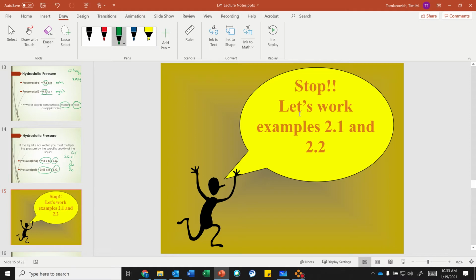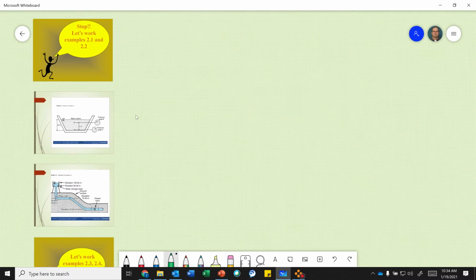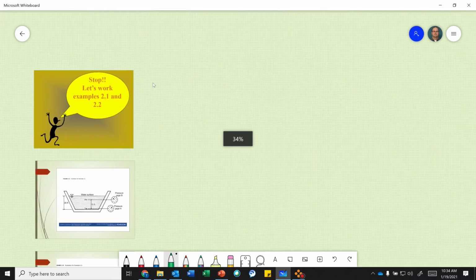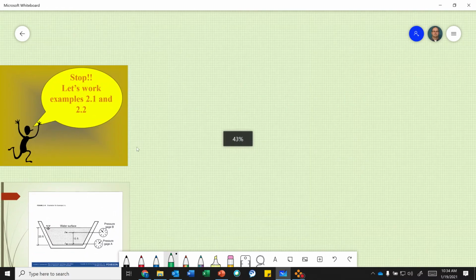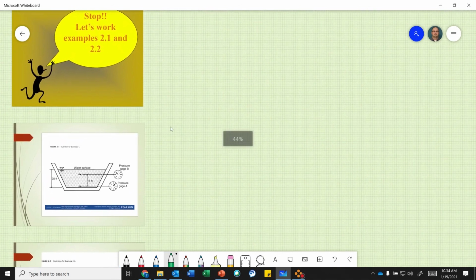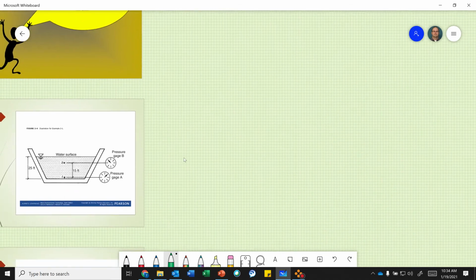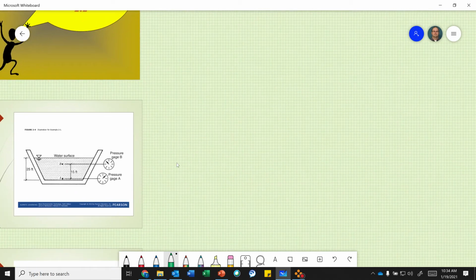All right, so let's work examples 2.1 and 2.2 in your book. And I am going to go over to here, and I have this little guy here, and we can do these problems. So I'll kind of set this up on a piece of engineering paper. All right, 2.1.